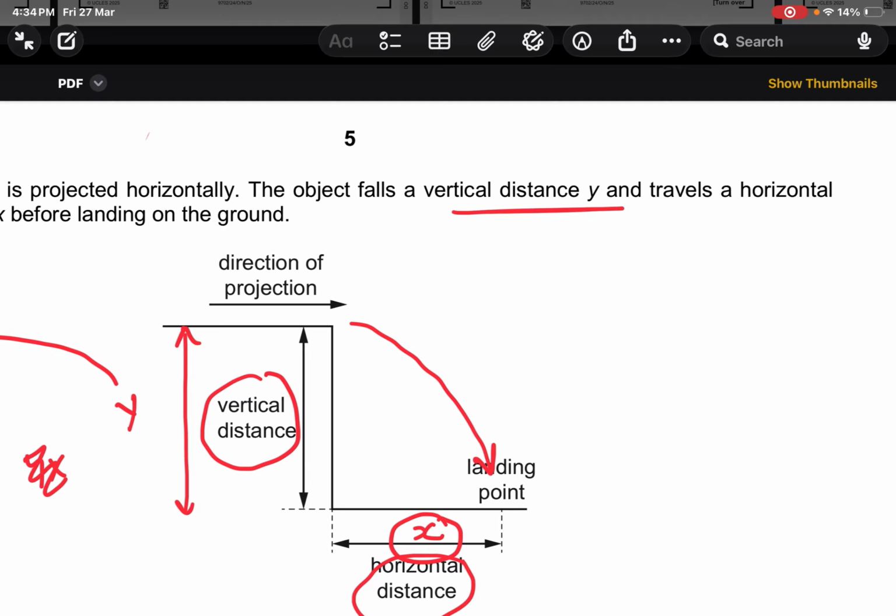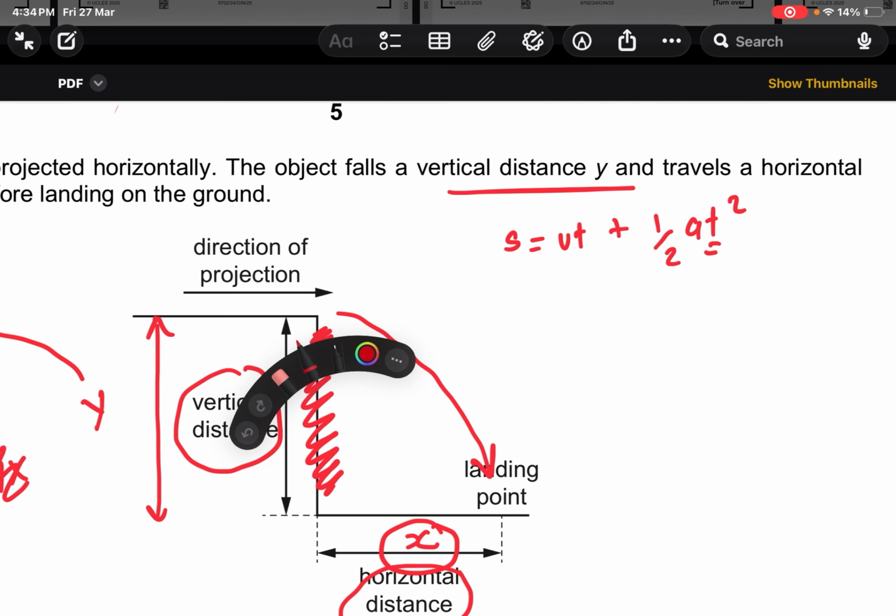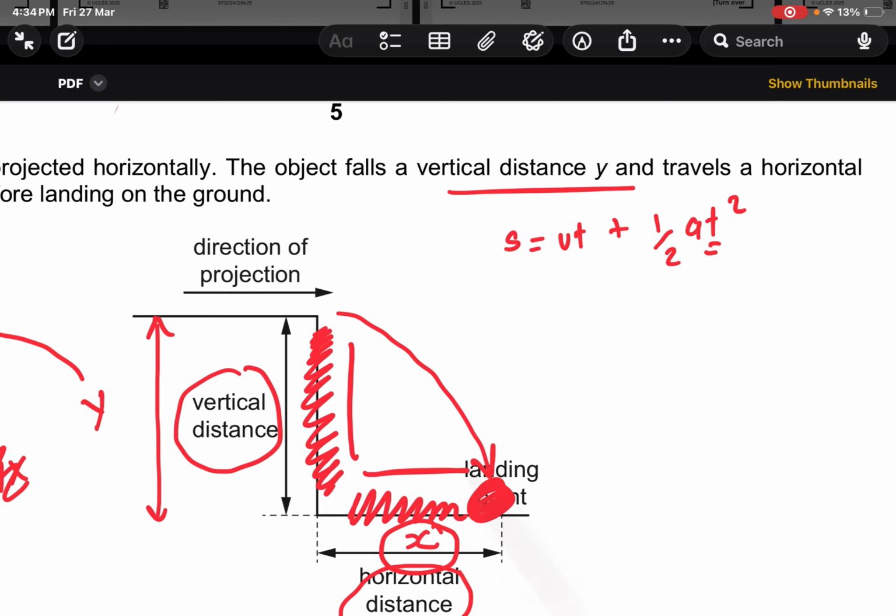So my vertical distance, if I use the equation s equals ut plus half at square, first things first, you should remember that time is the only thing that's the same for both vertical and horizontal distances, because the time in which the object is going to travel this vertical distance, in the same time it's going to travel this horizontal distance, and it's going to reach this point. So in equal amounts of time it travels this and this distance. So the only thing common between the two distances is time.